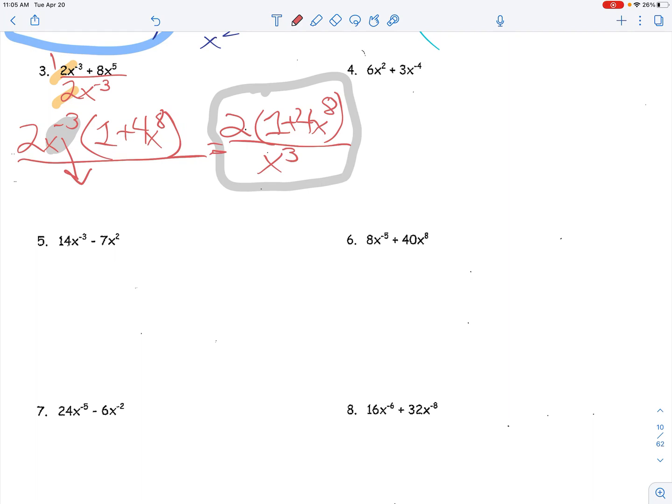Okay. So 14 and 7, the GCF there is 7. 7 is the biggest number that goes into both 14 and 7.